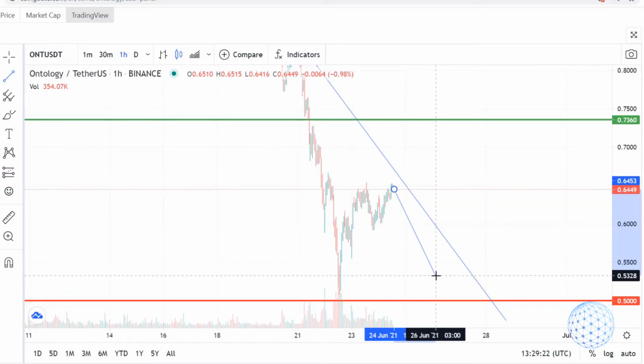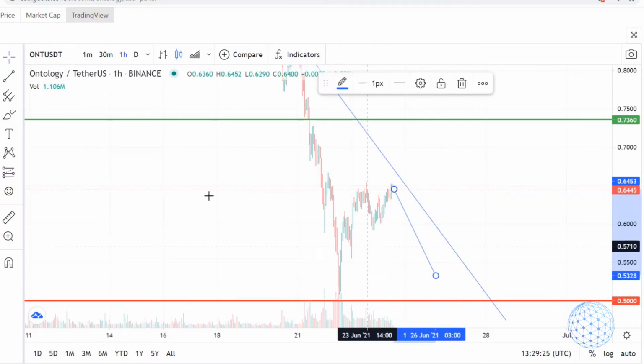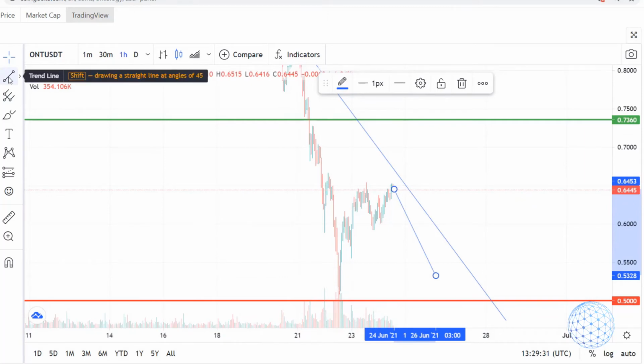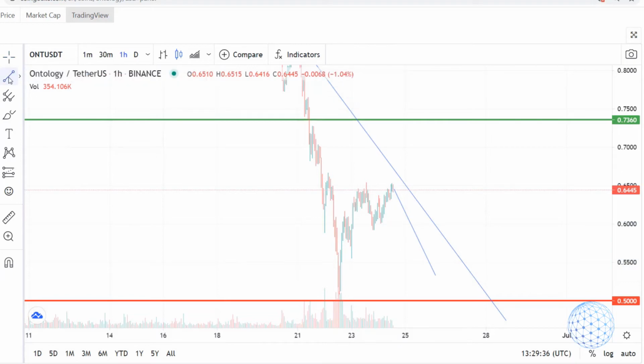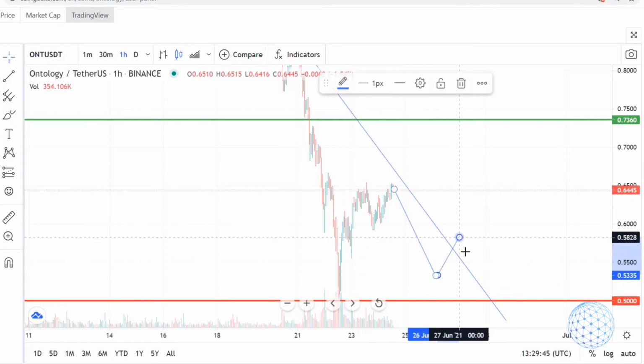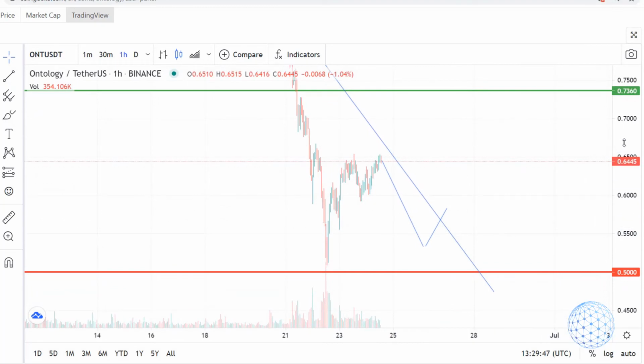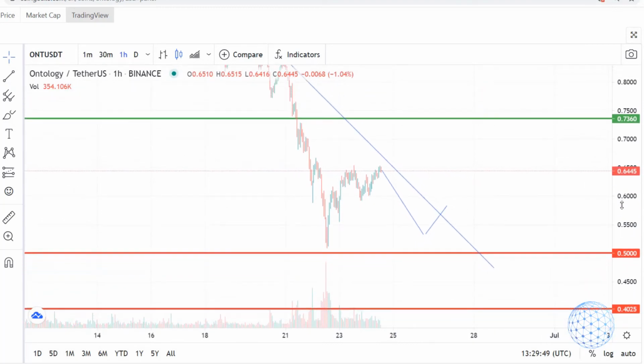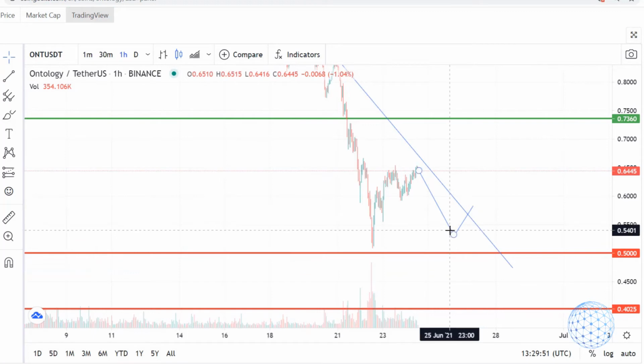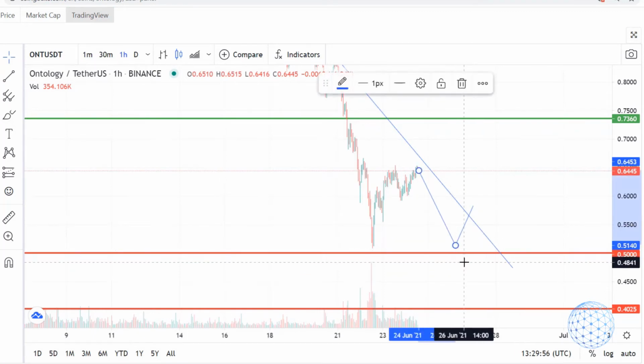So if the price drops again and retests the 50 cents, which I am expecting because we are in a bear market, we are in the downtrend, the Bitcoin is being negative, and if the price retests the level or if it forms a higher low than the previous one and breaks the counter trend line, that would be the ideal setup I'm looking for. Okay, no matter how far exactly it will drop, it could be even closer to the level.